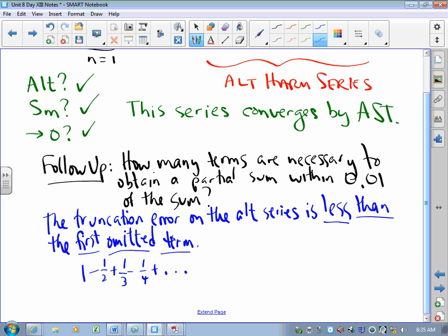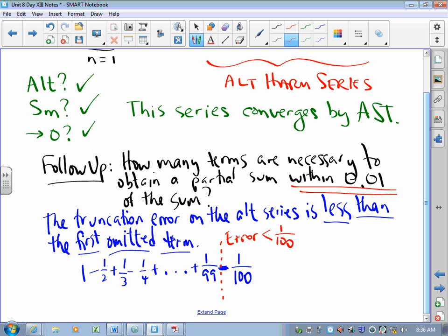So I've got this series. And eventually, I'm going to find a term that is less than 0.01. So I think to myself, this is going to be a plus 1 over 99 minus a 1 over 100. Whoa! That's interesting. If I were to cut off right there, then the error on that is less than the first term that I left out, which is what I wanted.